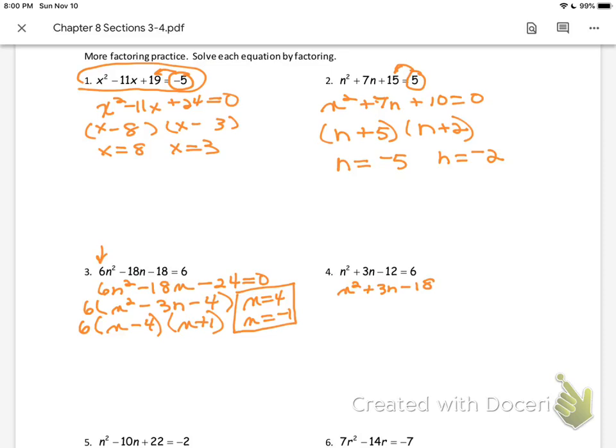It's going to be 6 and 3, with the 6 being positive. So I'm going to have n minus 3 times n plus 6. Again, FOIL it to make sure we are correct. And we're getting n equals 3 and n equals negative 6 for my roots. Okay, let's go on and we'll do some more on the next page.